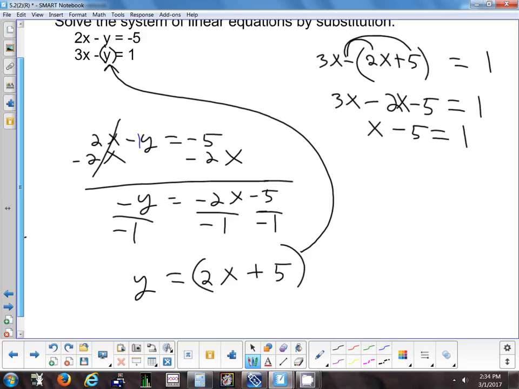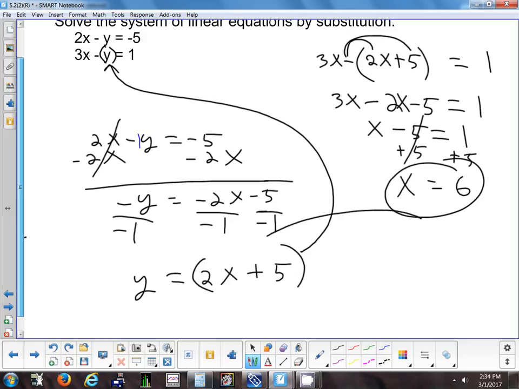So now we're at our last step. What's my last step? Add 5 to both sides. So what's x? 6.